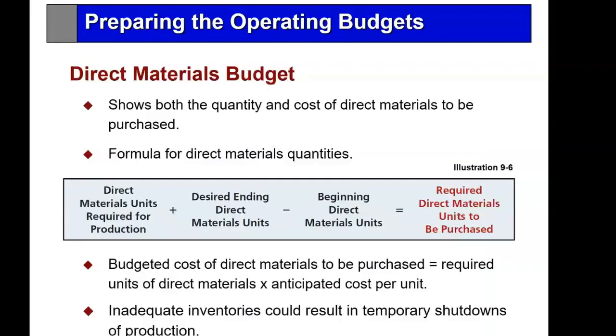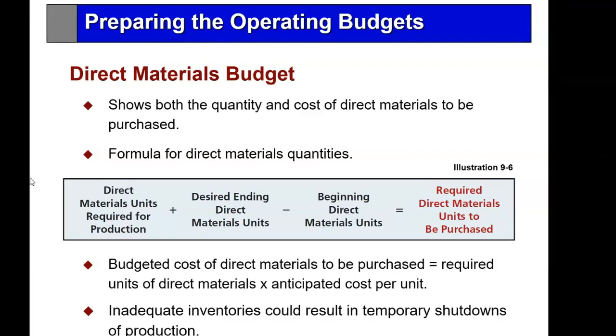Okay. By the same token, the purchasing manager, who purchases the raw material to meet the production manager's requirements, also has to maintain a raw material inventory or direct material inventory, because you don't want to run out of direct materials to produce the product, because then you can't produce and then you can't sell.